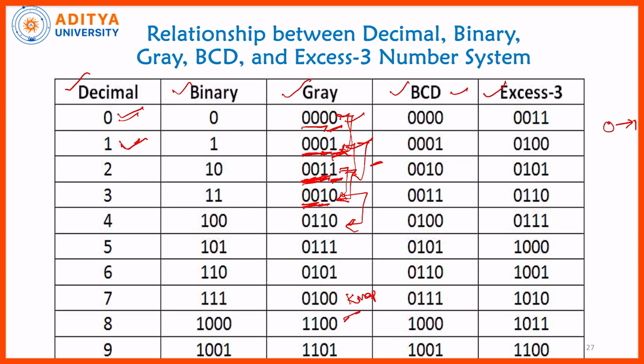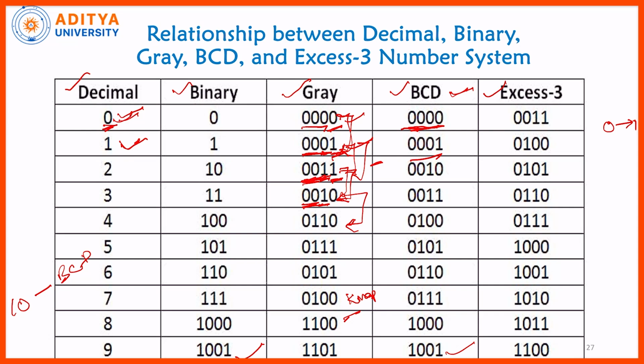And BCD representation is binary coded decimal. In BCD, a single decimal digit is a 4-bit representation. So from 0 up to 9 it is simply like binary, but coming to 10, 10 is again a representation in BCD with 4 bits each.